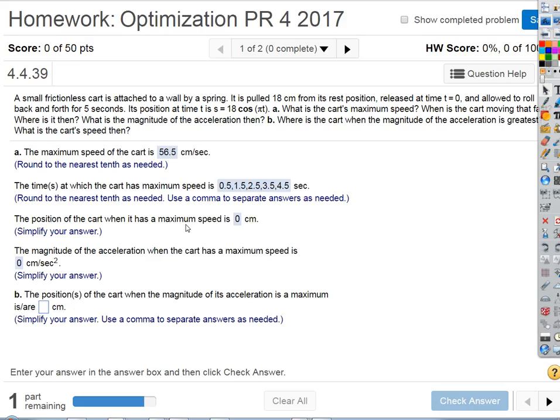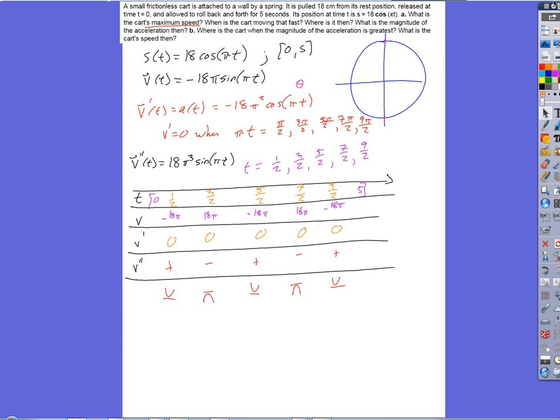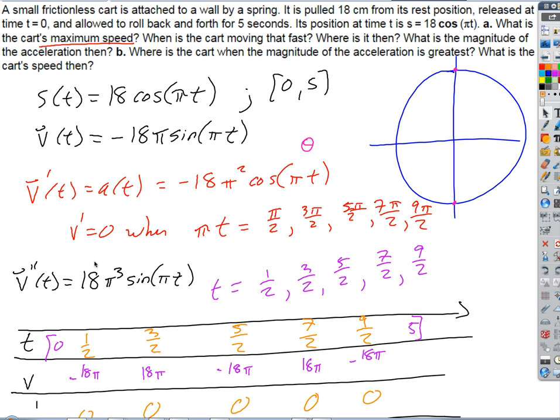So, okay, the positions of the cart when the magnitude of acceleration is a maximum. So when is the acceleration a maximum? If we go back and look here, here's the acceleration, right? Acceleration is going to be a maximum when the derivative of acceleration is equal to 0.